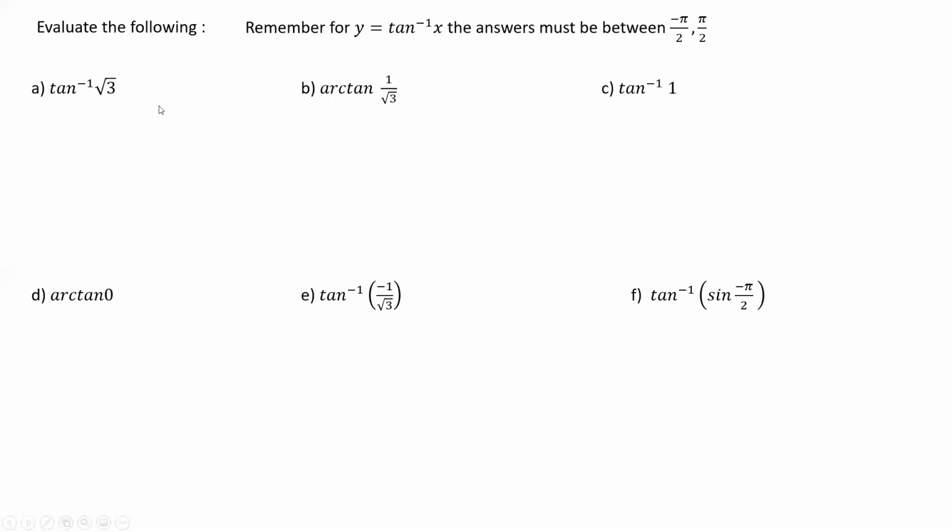We'll check the answers to the first 3. If you need to see the work, tangent is y over x. So the y value is root 3, the x value is 1. This is our 30, 60, 90 triangle, where across from the bigger side, it would be the bigger of the two angles.